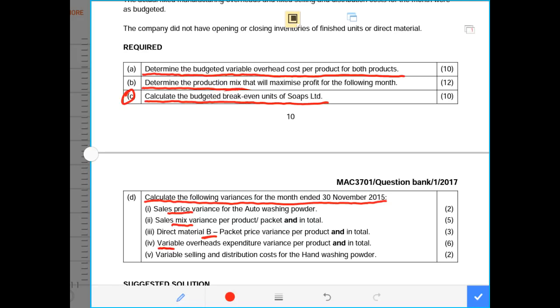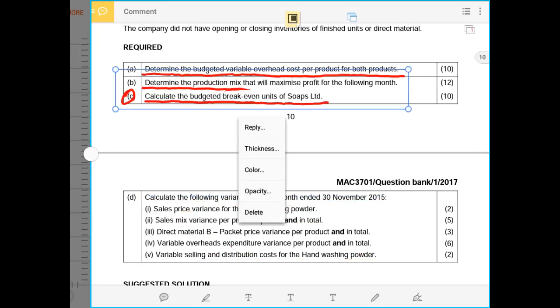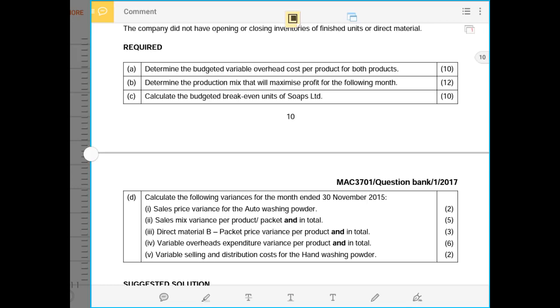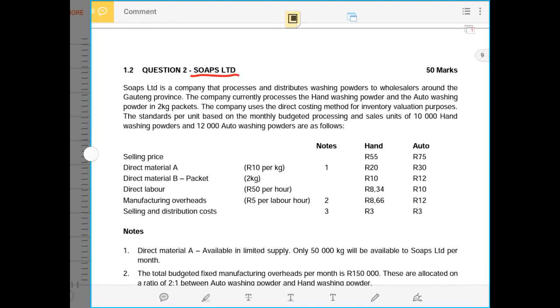Then variable overheads expenditure variance per product and also in total, take note, also in total. Then variable selling and distribution cost for the hand washing powder, which is only 2 marks of that variance. So now these are the requirements that we are required to do. Then I will analyze the given information immediately after we answer the questions.